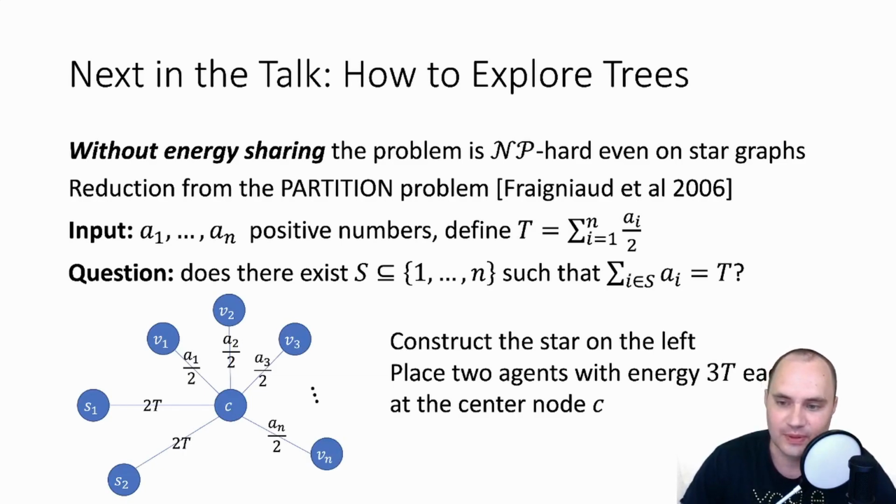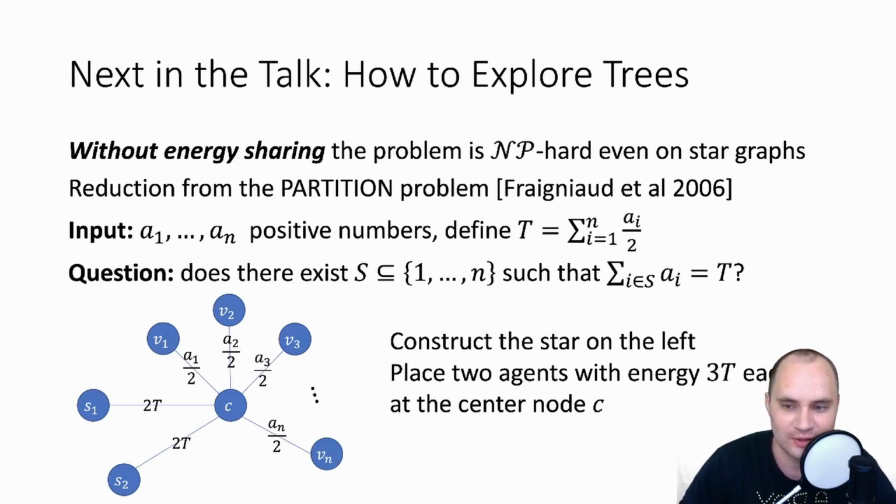Now, it is easy to see that the two agents can jointly explore the star if and only if they among themselves can partition which agent is responsible for visiting which vi. Visiting a particular vi incurs a cost of ai, because it's ai over 2 in one direction and ai over 2 in another direction.